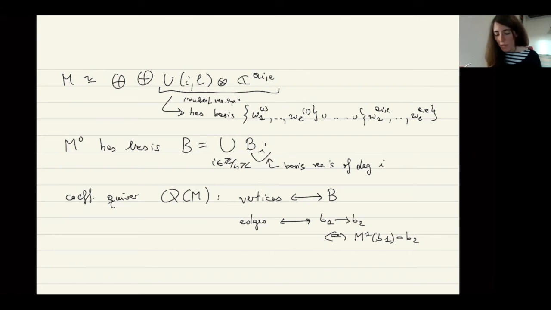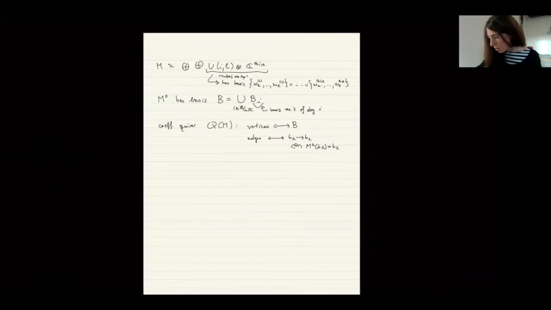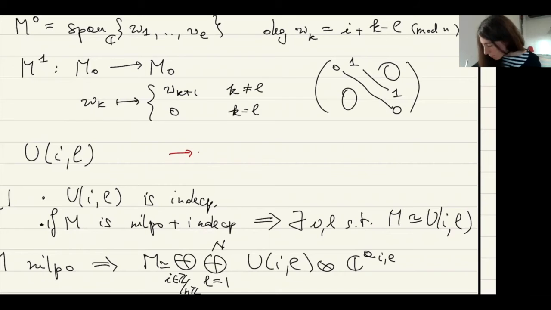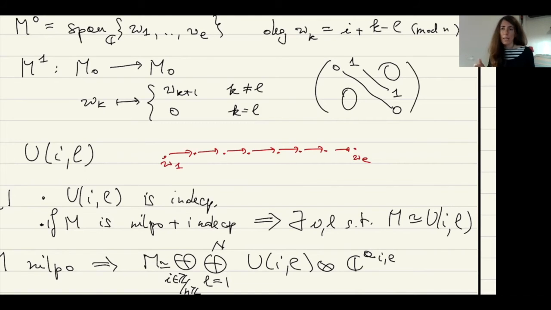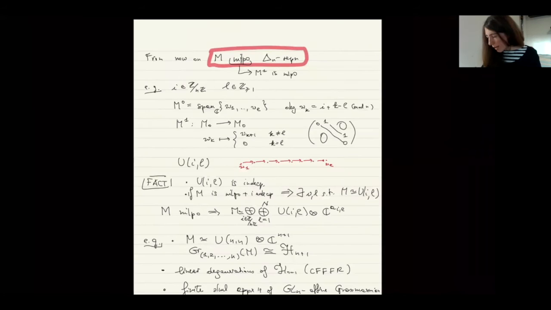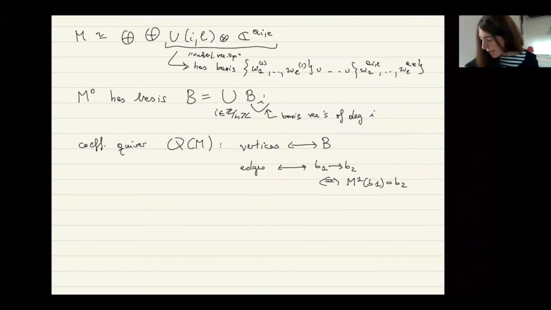As I was saying before, for example for U_{i,L}, we just get a segment of length L, that we can wrap around Delta_L if we want to remember the degree. Now, I remember again this Krull-Schmidt result: everything is just a direct sum of these U_{i,L}.